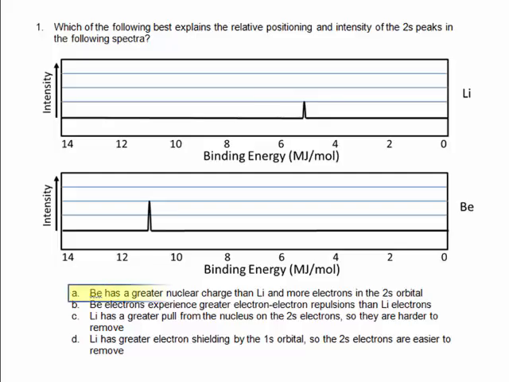The correct answer is A. Because beryllium has a greater nuclear charge, all the peaks in its spectrum would be higher in energy, to the left of the equivalent peaks in the lithium spectrum. Peak height is based on the number of electrons at that energy. A higher peak in beryllium tells us that there's more electrons in that level than in lithium.